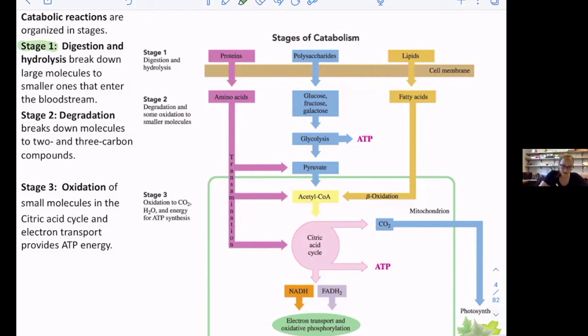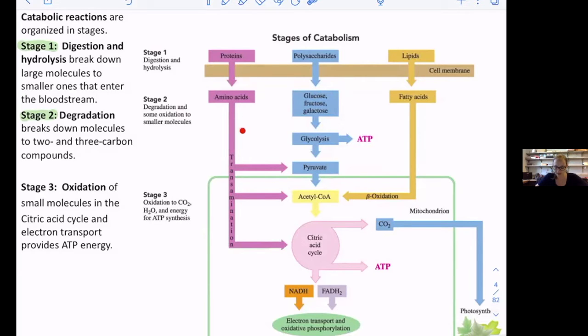Stage 2 is going to be degradation. Can't say that. That one's a hard one. I always switch up the G and the D. So you're going to degrade molecules into molecules of only 2 or 3 carbons. So for example, glucose would undergo glycolysis, make pyruvate, which is very small, it's only, I think, 3 carbons long.